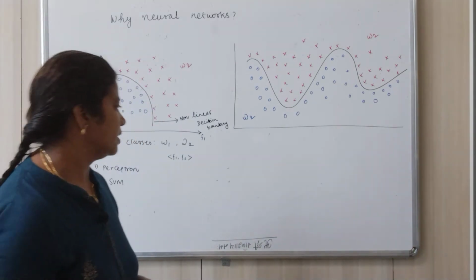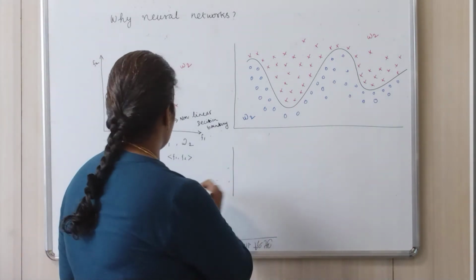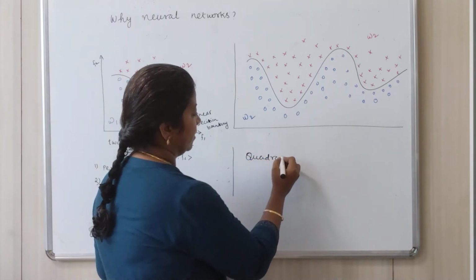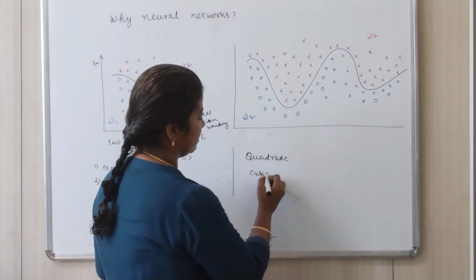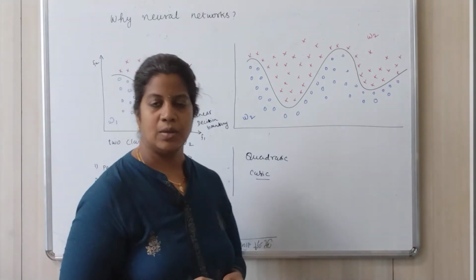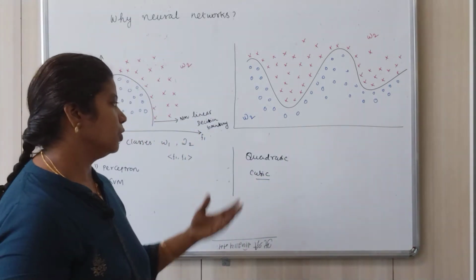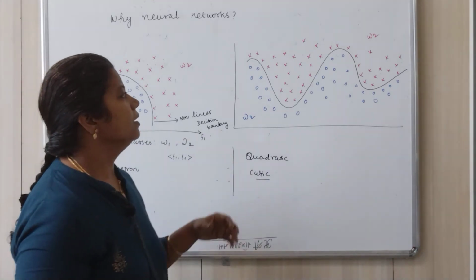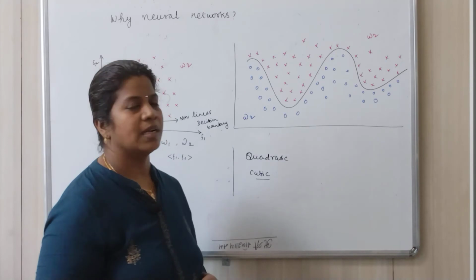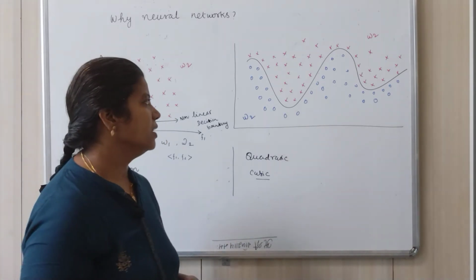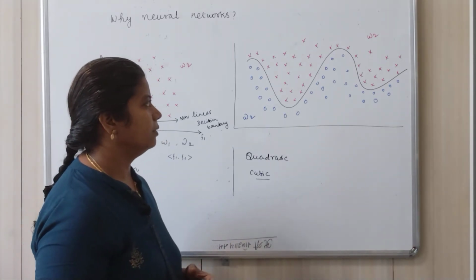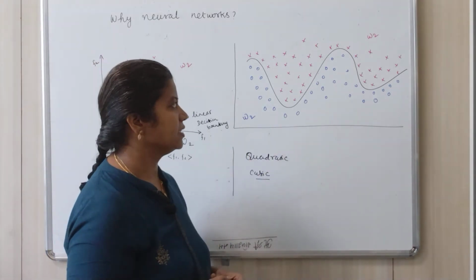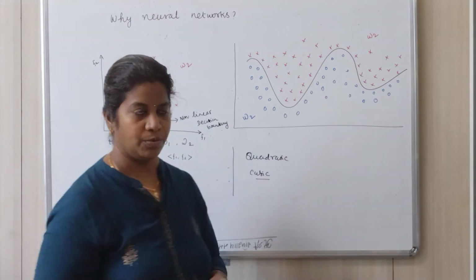At the most we can go for non-linear classifiers such as quadratic or cubic classifiers, so that we have a well-defined mathematical expression. As the decision boundary becomes more and more complex, we cannot have a mathematical expression that conveniently represents it.